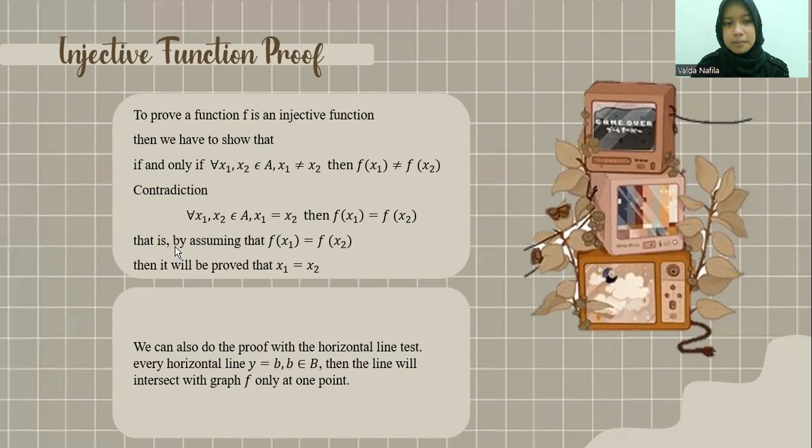That is, by assuming that f(x1) equal f(x2), then it will be proved that x1 equal x2. If we use Geogebra, we can also do the proof with the horizontal line test. Every horizontal line y equal b, b element B, will intersect the graph of f at only one point.